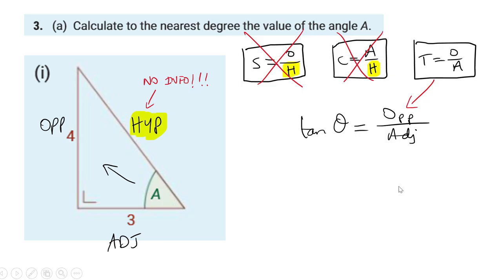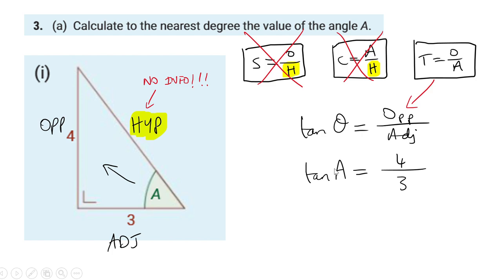Filling in now next. So, tan of the angle. The angle is A, so it's going to be tan of A, right, is equal to, the opposite side is 4 over the adjacent, which is 3. So, tan of A is equal to 4 over 3. Now, like everything in maths, every operation has an inverse operation, addition. The opposite is subtraction.